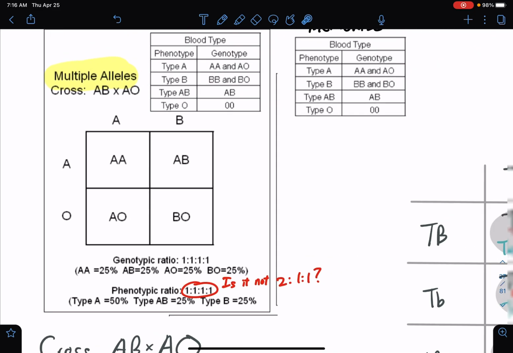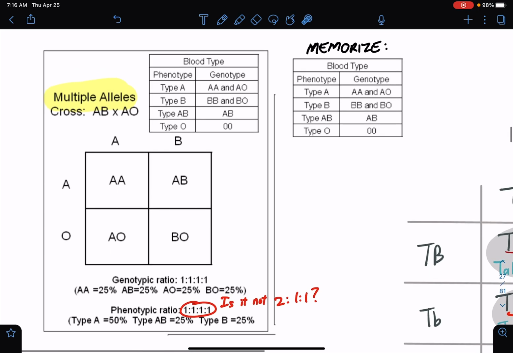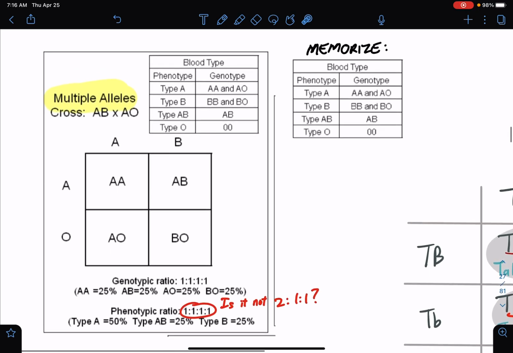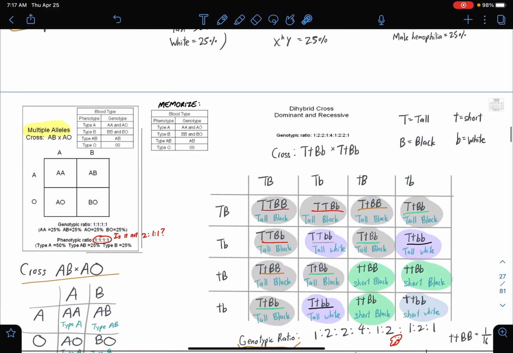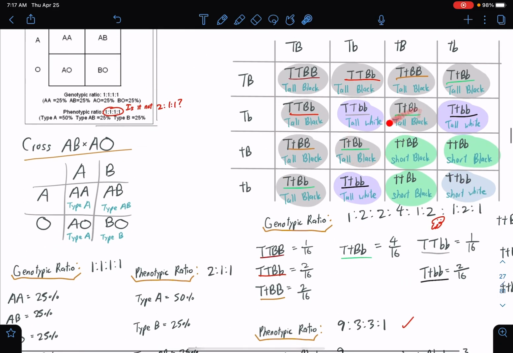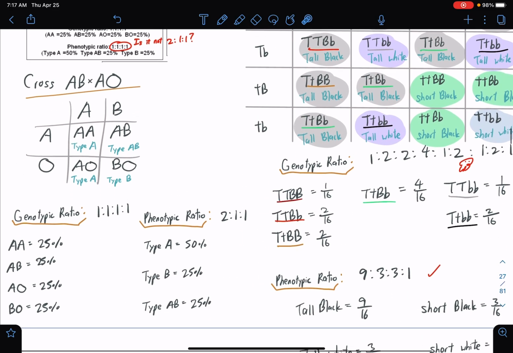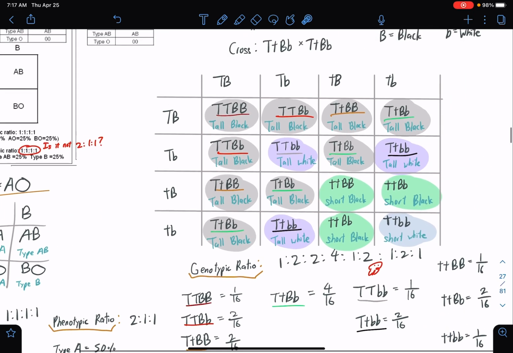So there must be something wrong. I got this worksheet from the internet, by the way, for the purpose of being teaching material. Yeah, this is my ratio instead of this.